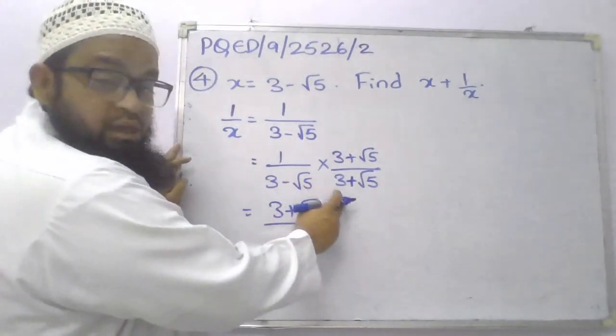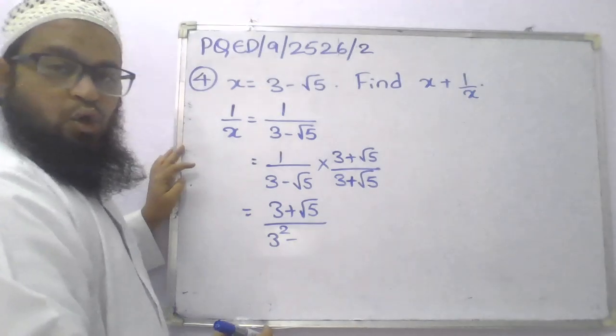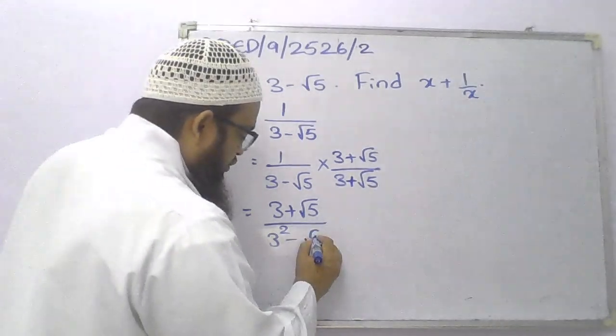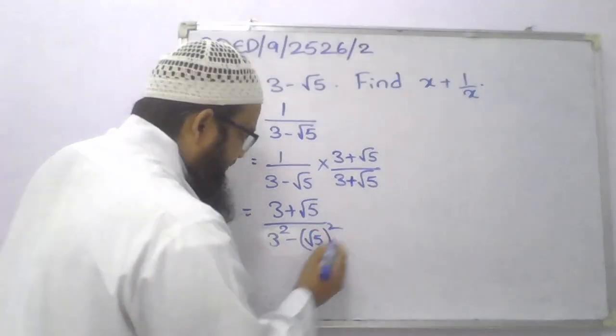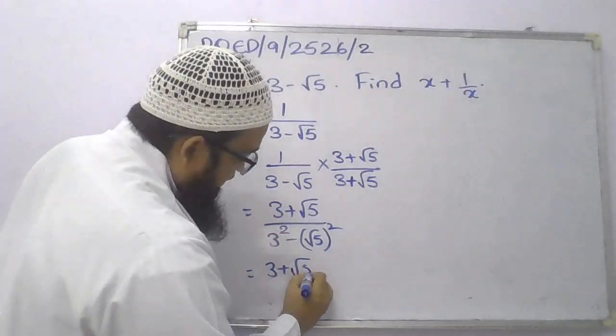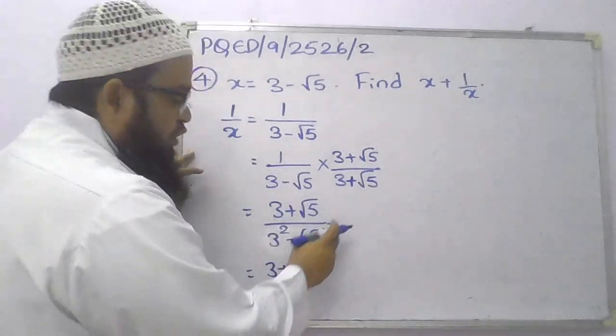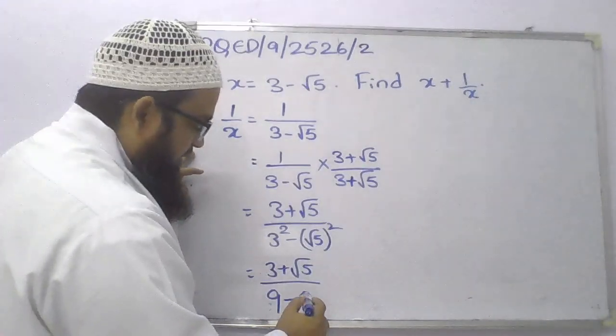So it will be 3 square minus root 5 whole square, right? Root 5 whole square. So that is equal to, in numerator you have 3 plus root 5 divided by, what is 3 square? 9 minus root 5 whole square is 5.